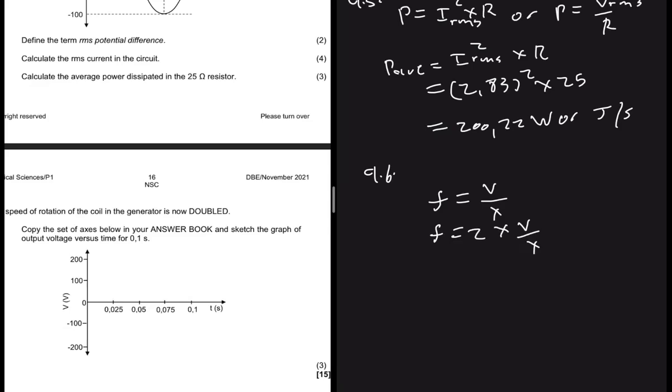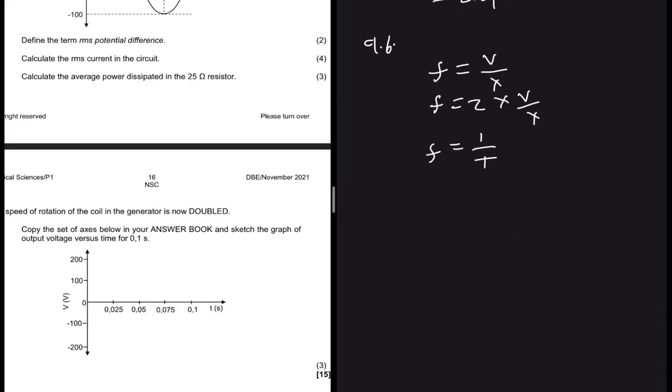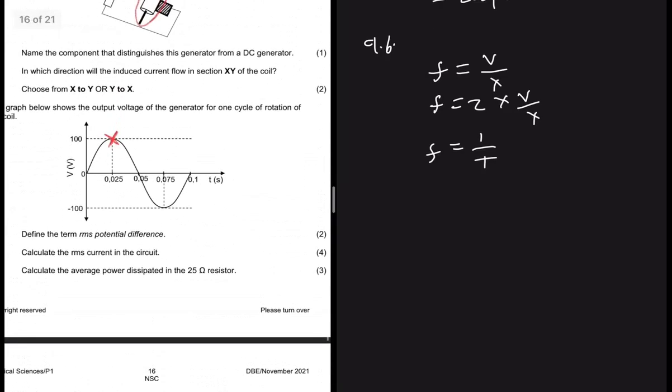If you double the speed of rotation, you get f equal to 2 multiplied by the speed divided by wavelength. So basically you multiply the frequency by 2. When you multiply the frequency by 2, we know that f is equal to 1 divided by the period. So when you multiply the frequency by 2, you're basically reducing the period by half, right? Because the frequency and the period are inversely proportional to each other. So if frequency goes up 100%, then the period will go down 50%.